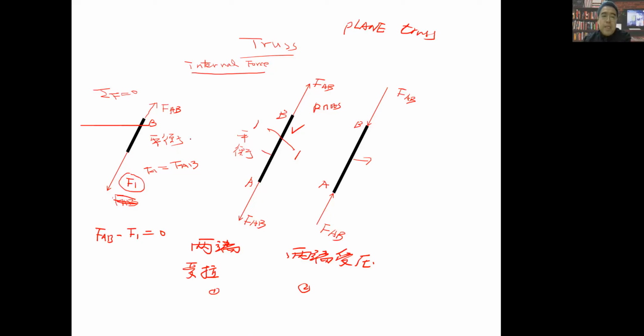Our main task is to calculate the internal force of each member of the truss. We do not need to cut each member into two parts, because its internal force will equal the force at the knot.